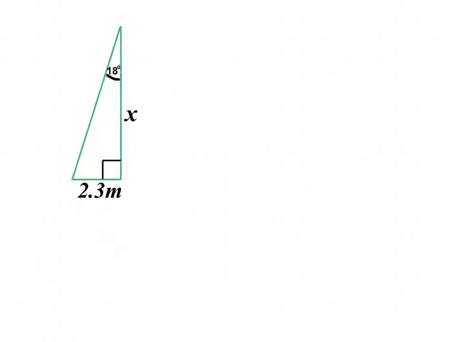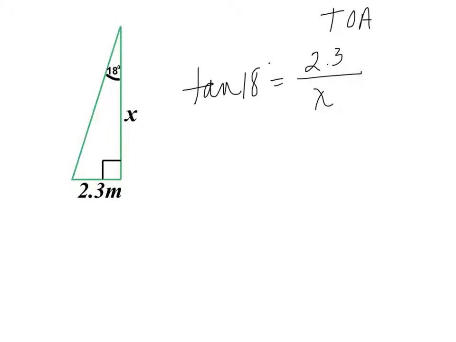My angle, they didn't give me the hypotenuse at all, so I know for a fact it's going to be tangent. Tangent's the only one that doesn't deal with the hypotenuse. So the tangent of 18 degrees, well, TOA, so opposite goes on top. The opposite is 2.3. Here's my x. Tangent of 18 is 0.3249. 2.3 over x.